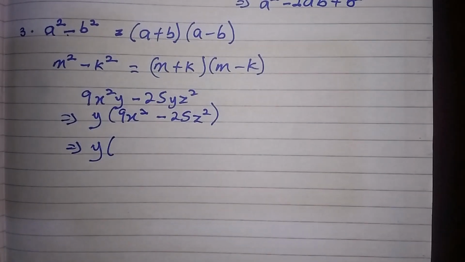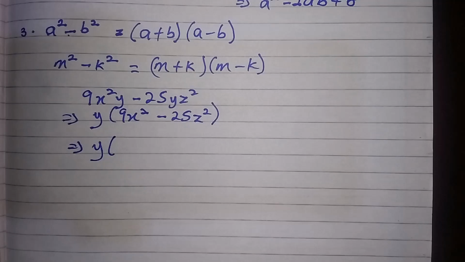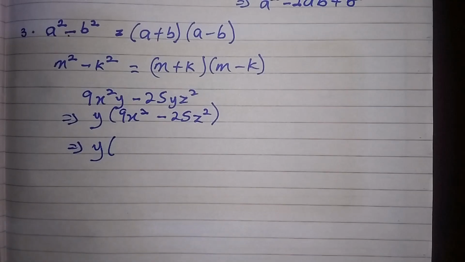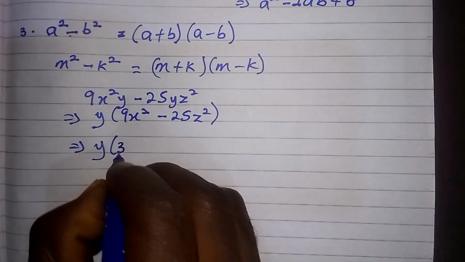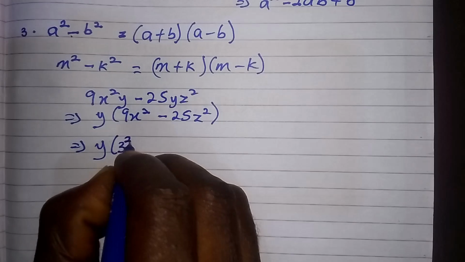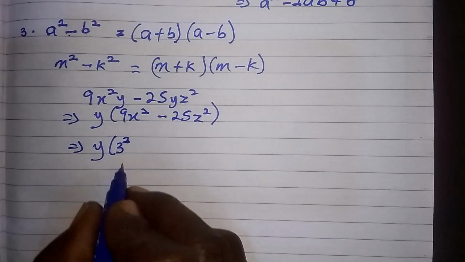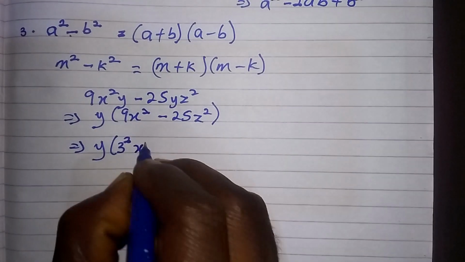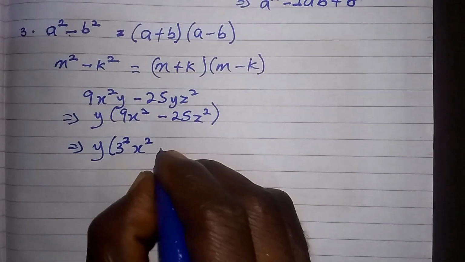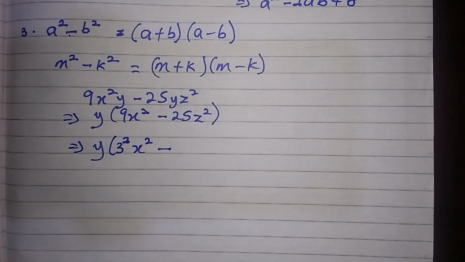9 is a perfect square. So whenever we see perfect squares, our mind should be drawn to difference of two squares. Now 9 as a perfect square simply means that 3 times 3 will give us 9, which is 3 squared. So you are now breaking down the 9 to give us 3 squared. Then I have my x squared here. There's a minus here, which talks about the difference of two squares. 25 is another perfect square, which is 5 squared.